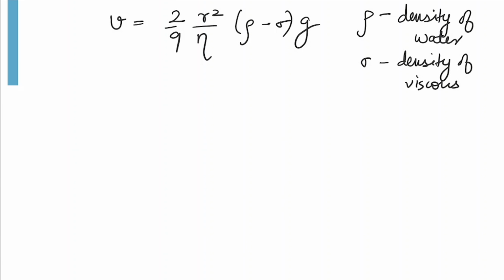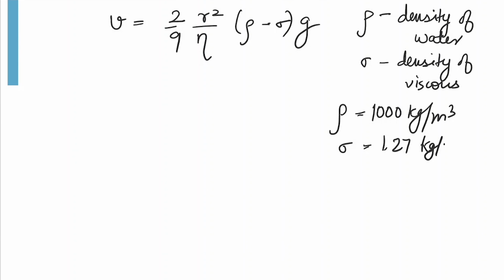We know the density of water is very large compared to sigma, so we can neglect sigma. Rho is 1000 kg per meter cube, and we know sigma to be approximately 1.27 kg per meter cube. So this is quite large as compared to sigma. We can neglect this sigma to simplify our calculation.